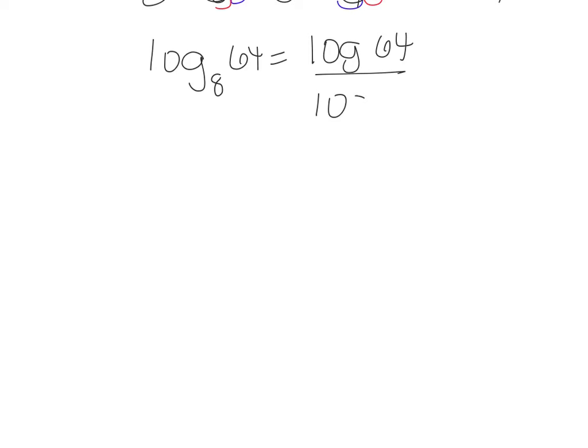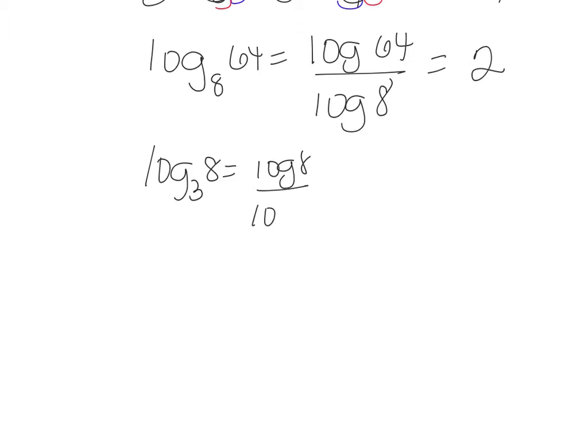Okay, so number 4 is finding logs using change of base formula. So I have log base 8 of 64, which is log 64 divided by log 8. So you plug that in your calculator. Log base 8 of 64 is equal to 2. Next one, log base 3 of 8 is log 8 divided by log 3.